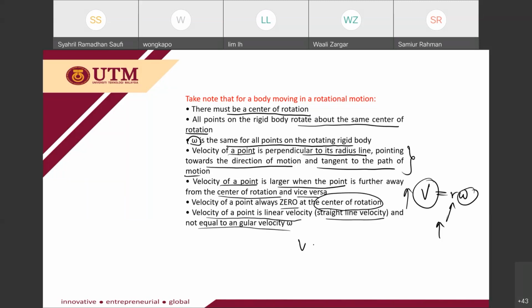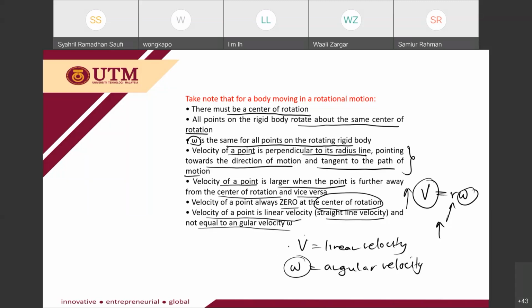So V is a linear velocity. Omega is angular velocity. You will have omega for the rigid body that moves with rotation.